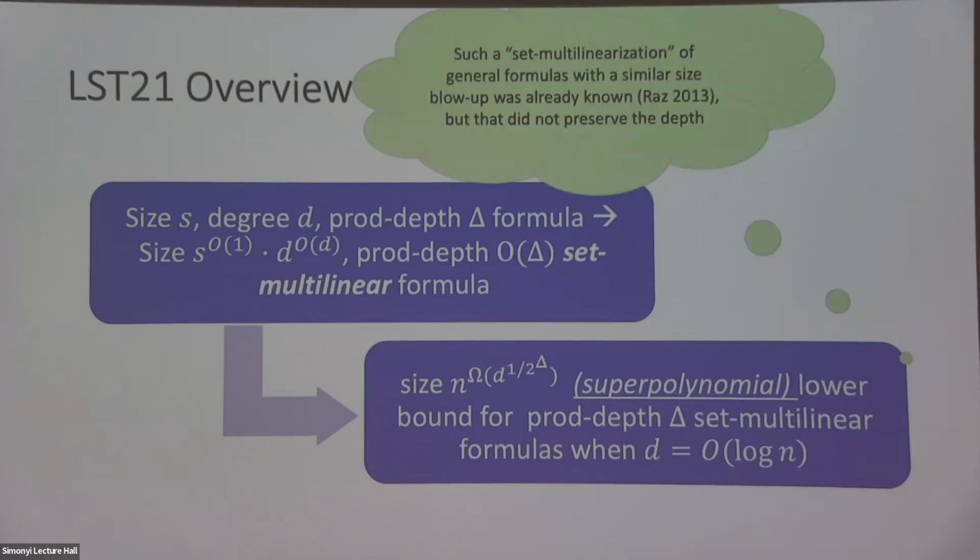And I just want to point out that such a set multilinearization result that LST used, from general constant depth circuits to set multilinear constant depth circuits, was known with a similar kind of blow up by an earlier work of Raz, but it did not focus on the constant depth setting. In the unbounded depth setting, this was shown by Raz.